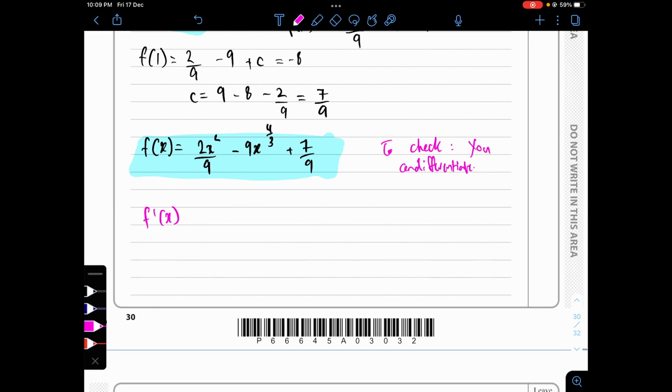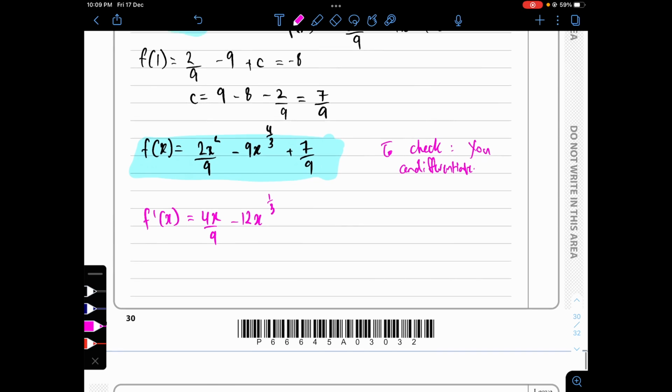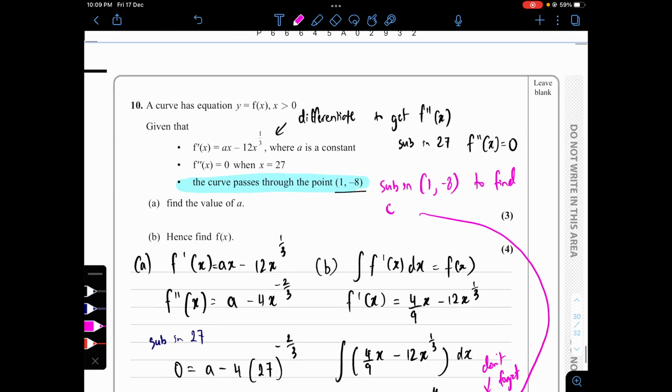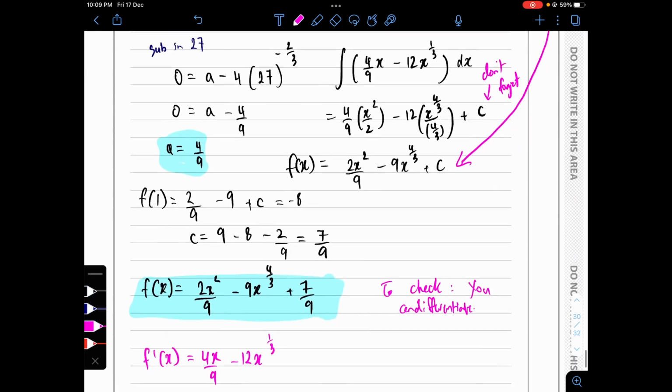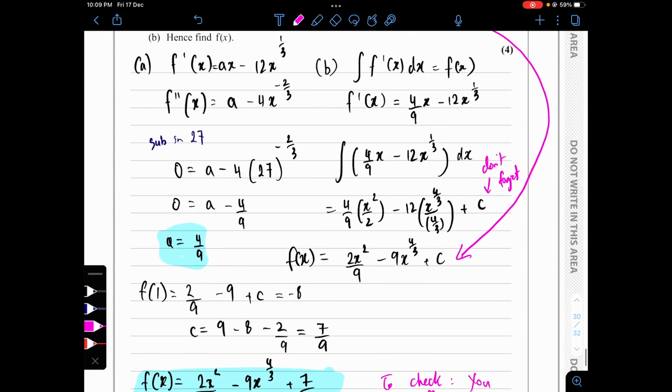So that'll be 2x squared, differentiated by 2, so that'll be 4x over 9. And then 9 times 4 over 3, so that's 36 over 3, which is minus 12 x to the power of a third. Is this what we got in the beginning? Yes, we did. You can see over here, that's what we got.